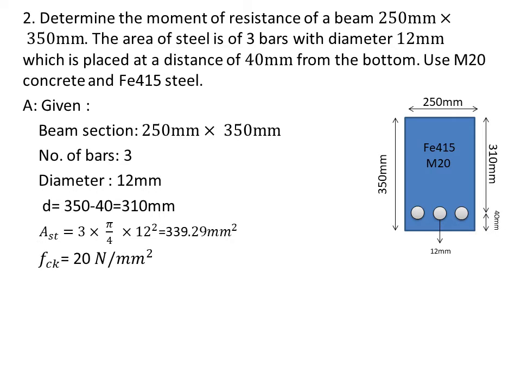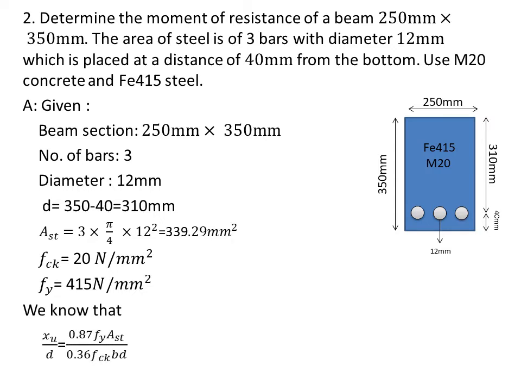Okay, this is the diagram that I've drawn out from the question with the given details. Fe415, M20, 250 mm, then here 350 mm the overall depth, and here the small cover 40 mm is given. We have to find the difference between 350 mm and 40 mm, and we'll get the effective depth 310.